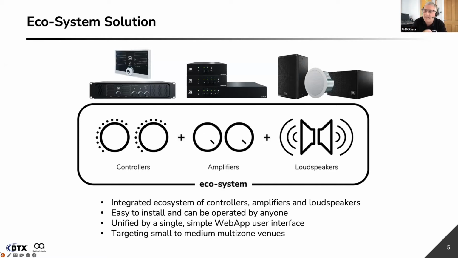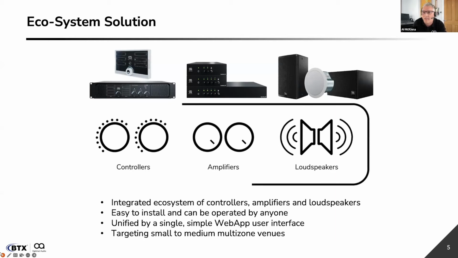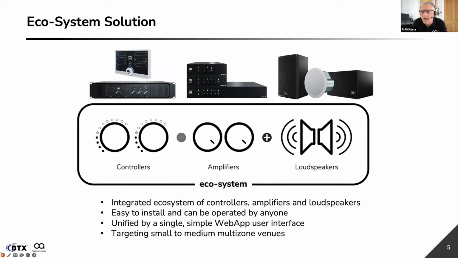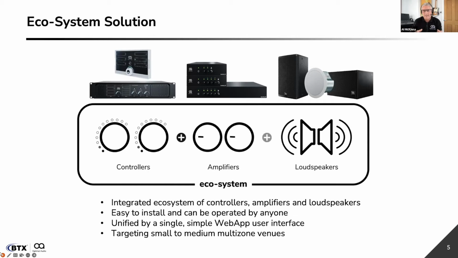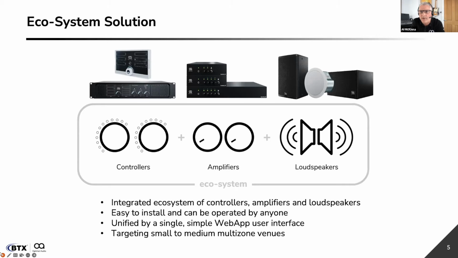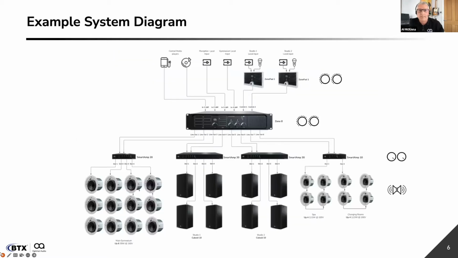And what this means is it's really easy to navigate through our solution, understand the products that make up our product line, and therefore easy to educate your customers and your end users in how to operate the Optimal Audio system. We take this reducing complexity approach to all of the system design, all of the product design, and the user interface that we have within the Optimal Audio ecosystem.